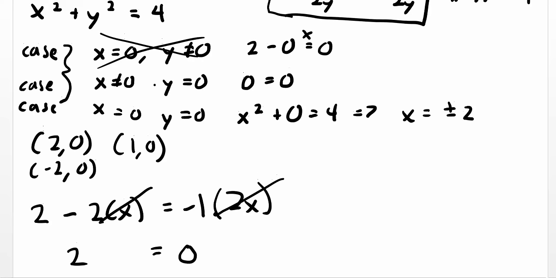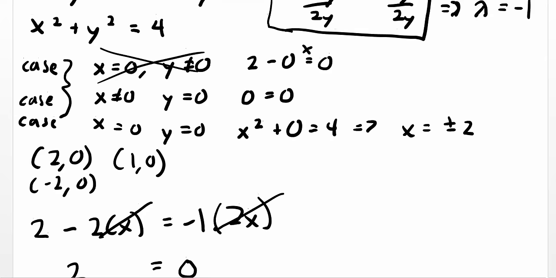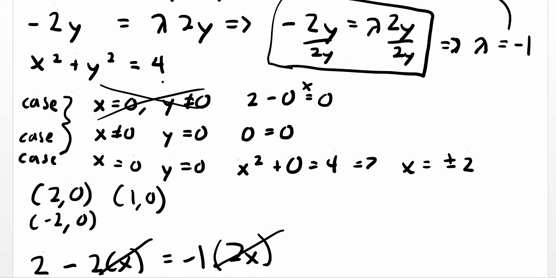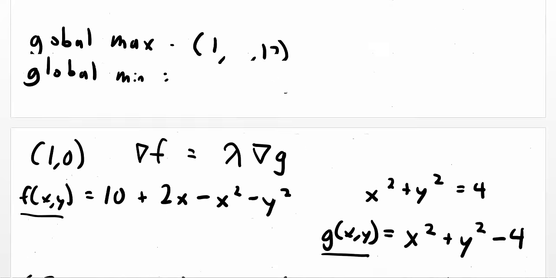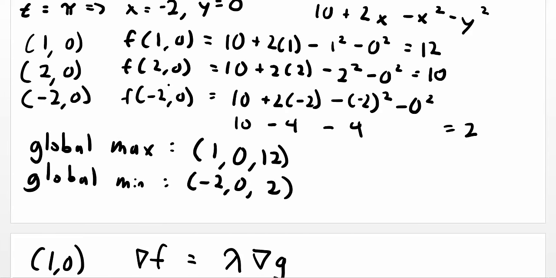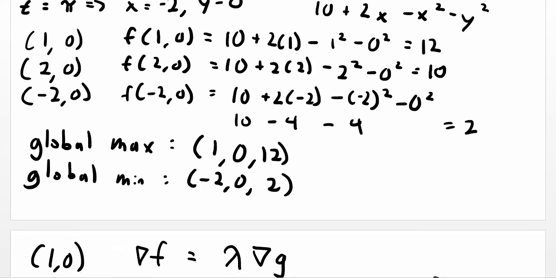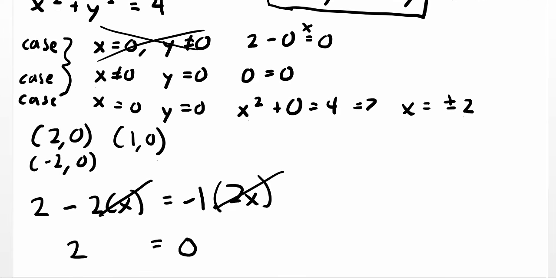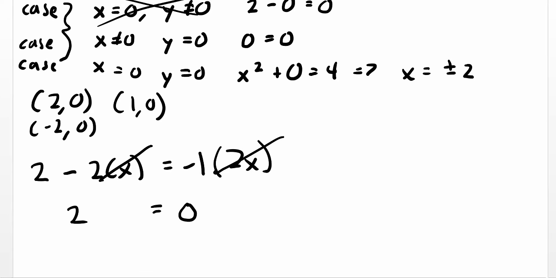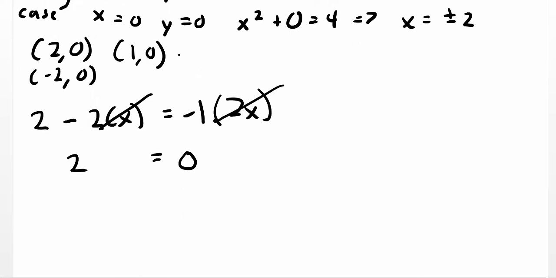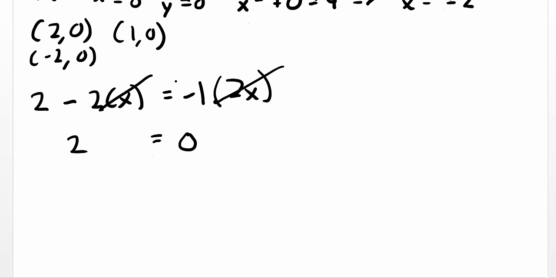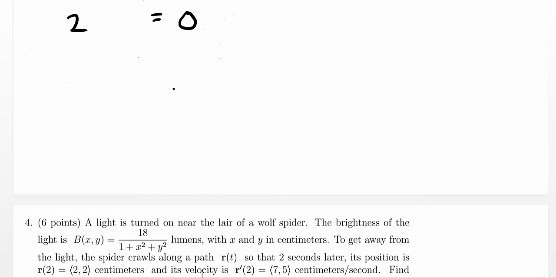Now, if we did this correctly, these should be the same points we found using the first strategy: 1, 0, 2, 0, negative 2, 0. So both techniques will work, whichever way you're more comfortable with. Will get you the correct answer.